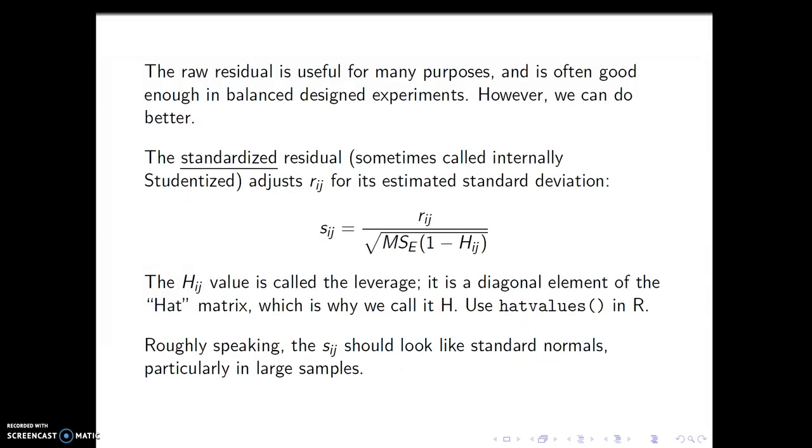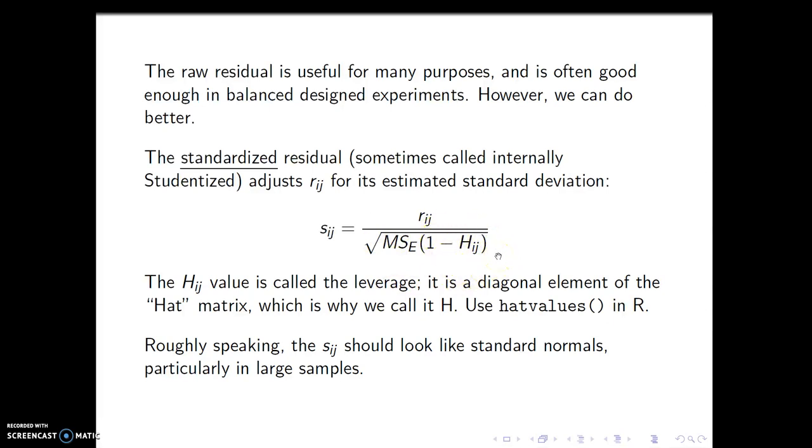The residual is useful to assess lots of things, including the normality. We can assess it that way. But the standardized residual is often useful for picking out outliers. So the standardized residual, sometimes called internally studentized residual, just adjusts the estimated residual using its estimated standard deviation, which is the square root of MSE times 1 minus this value from what we call the hat matrix.